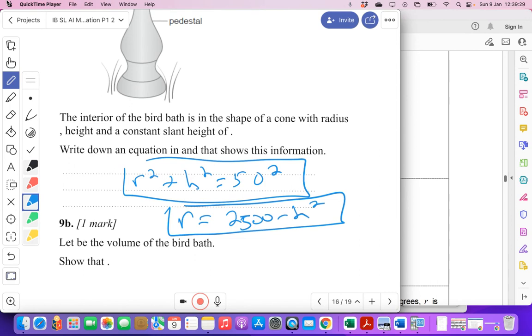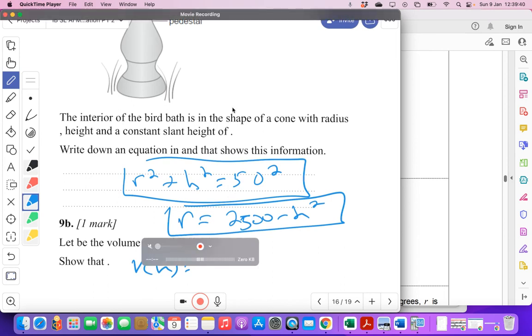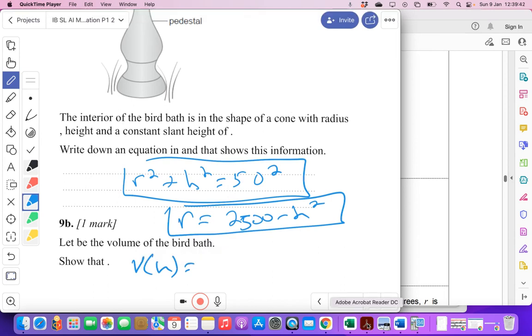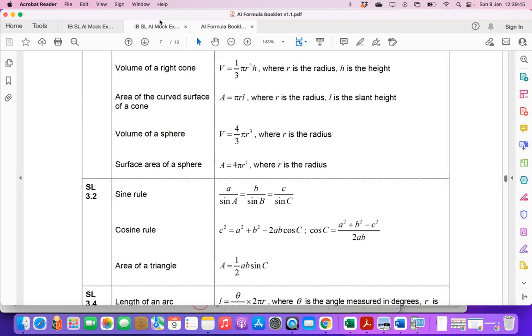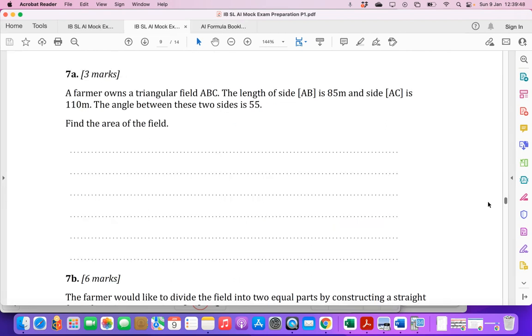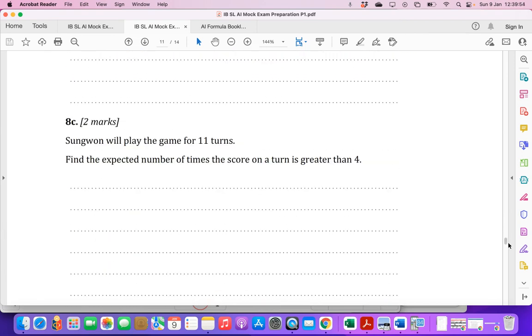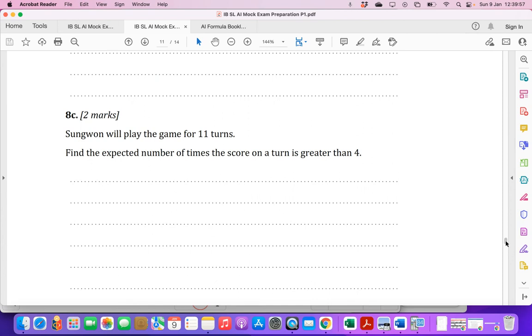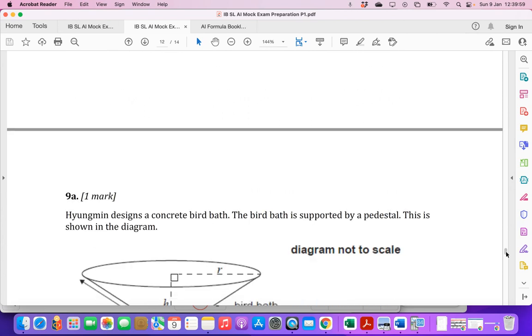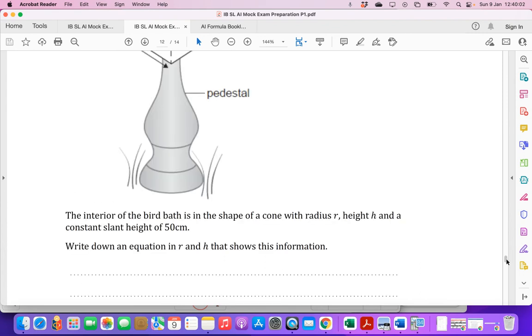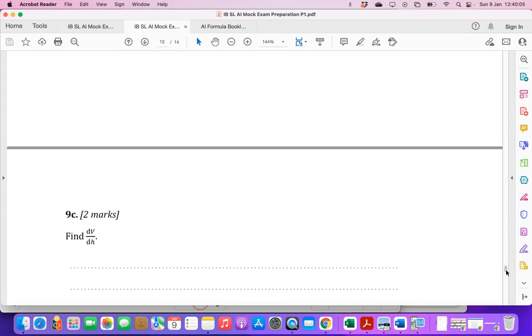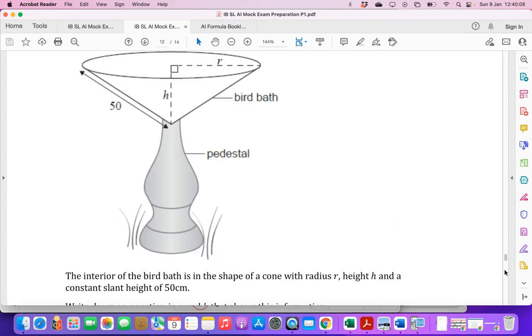So V of h is supposed to be equal to, let me look at the original question here. Oh, there it was.